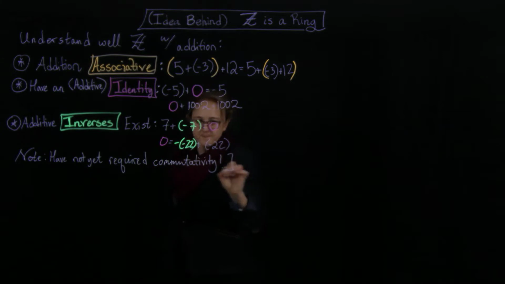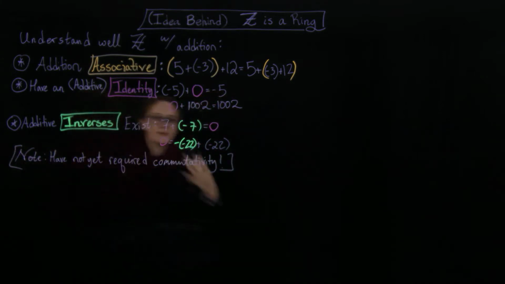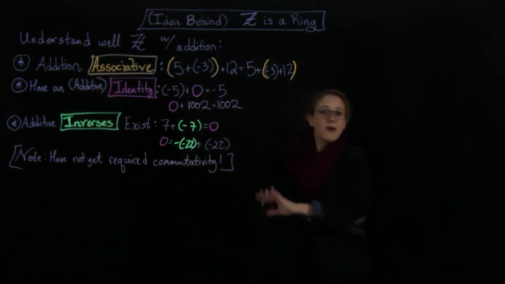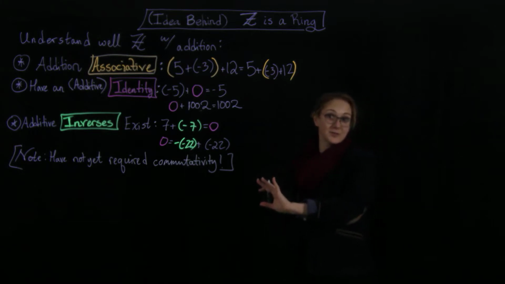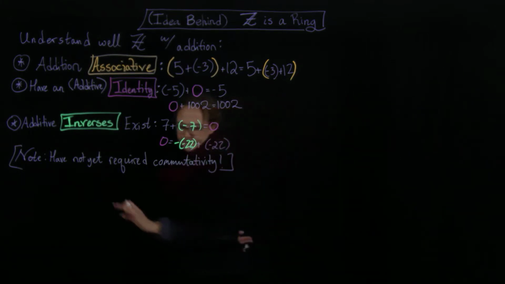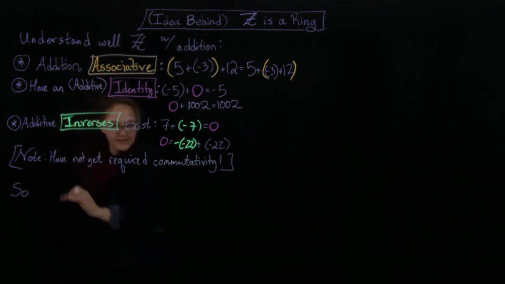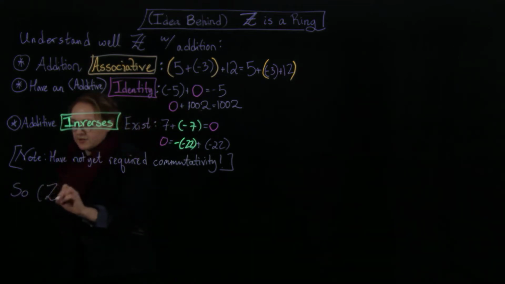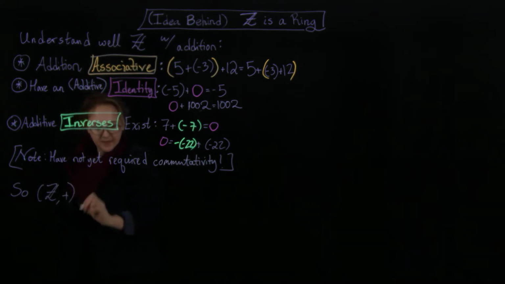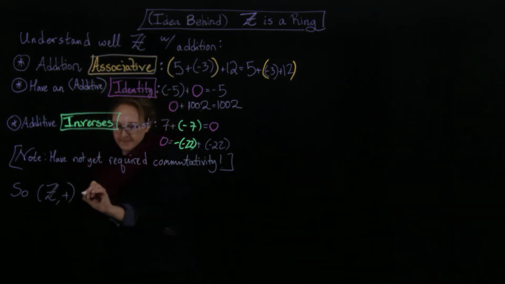When I'm talking about the properties that we have, I haven't actually said yet that addition is commutative. But because it satisfies these properties, the integers with addition is something called a group.